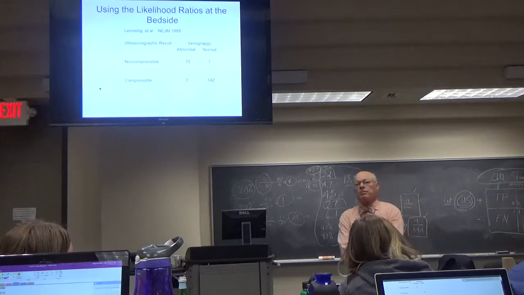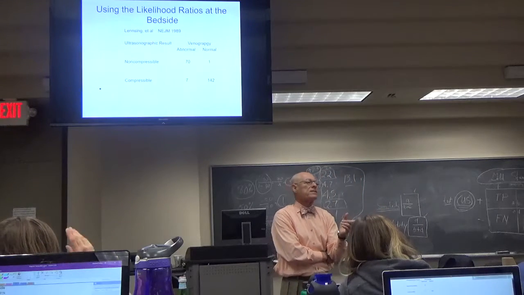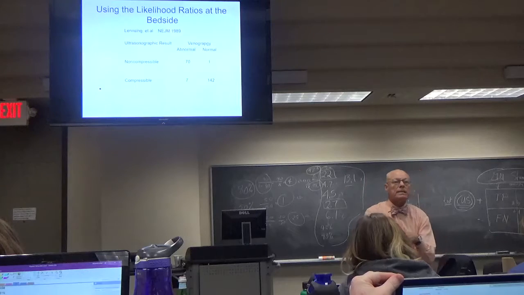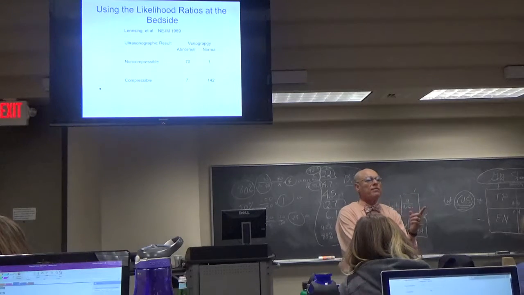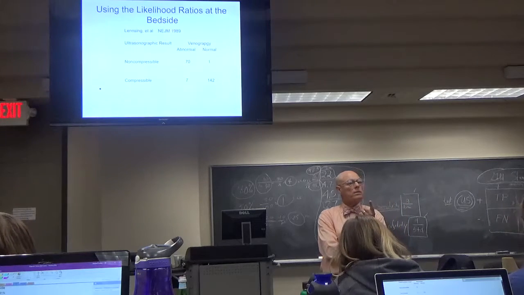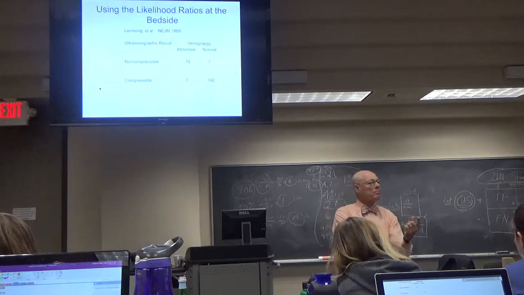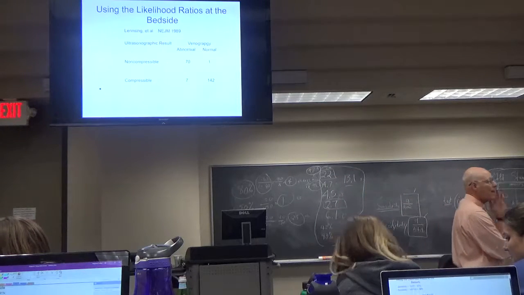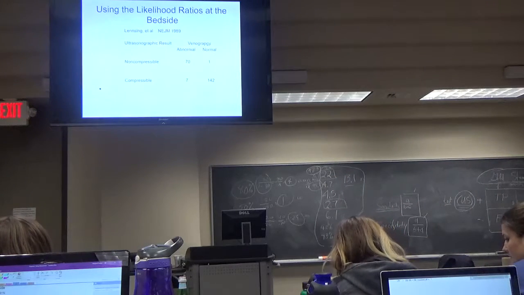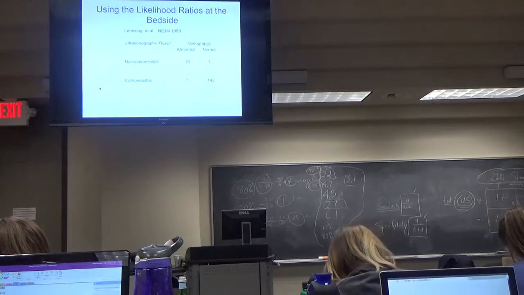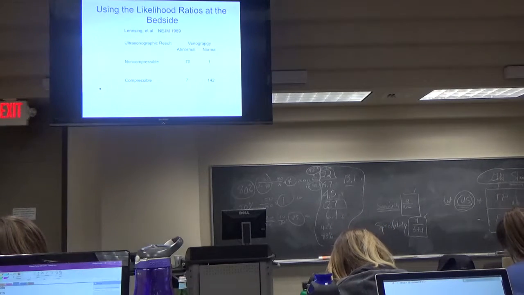And what if you're at 50% and your test is negative? Your ultrasound is now negative. All the vessels are compressible. Likelihood ratio negative is 0.1. And we're starting with a pretest probability of 50%.